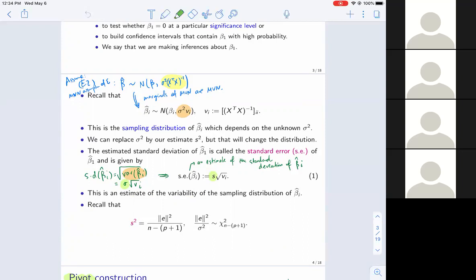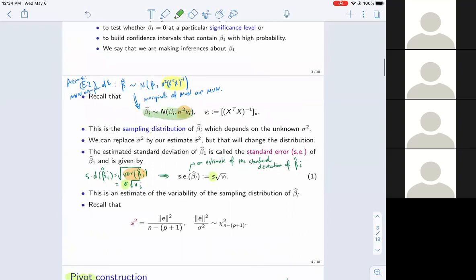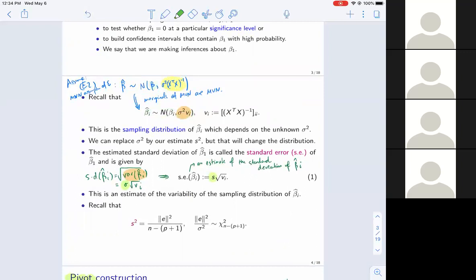So the beta hat, the estimate of beta, has a multivariate normal distribution with mean beta and this covariance matrix. This gives us the distribution of every coordinate. Every coordinate is also normally distributed, the mean is the ith coordinate of beta, and the variance is the ith diagonal entry of that covariance matrix.